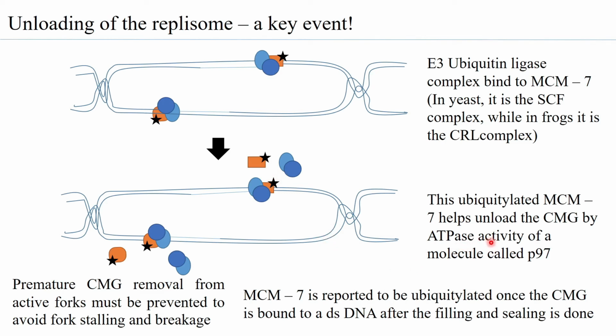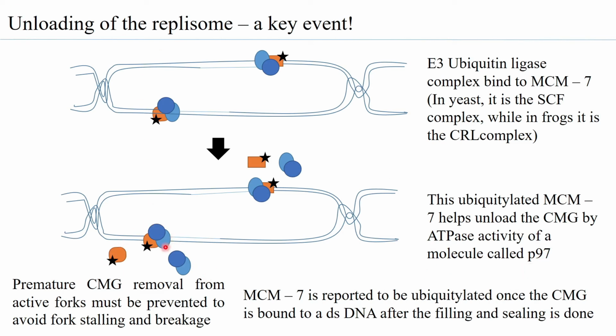This molecule is called P97, as studied in several systems, and in yeast especially it is called P97. This segregase, P97, is able to utilize the ATP, and the energy released is used to unload the CMG complex from the double-stranded DNA. So it is basically this segregase molecule that unloads the replisome.